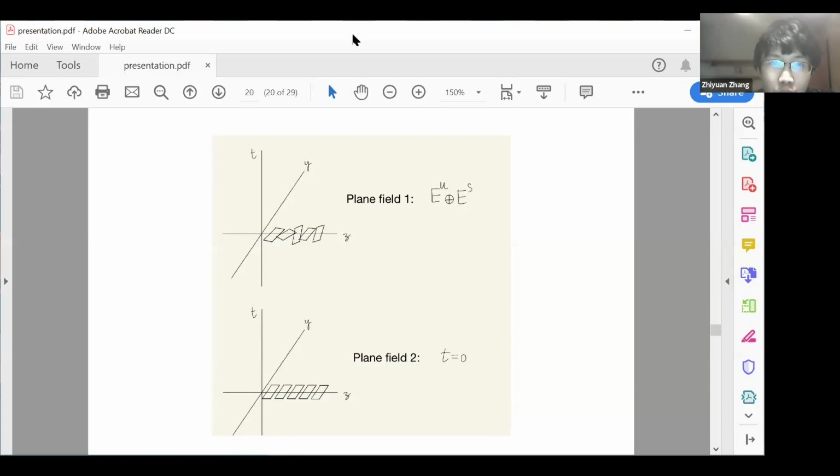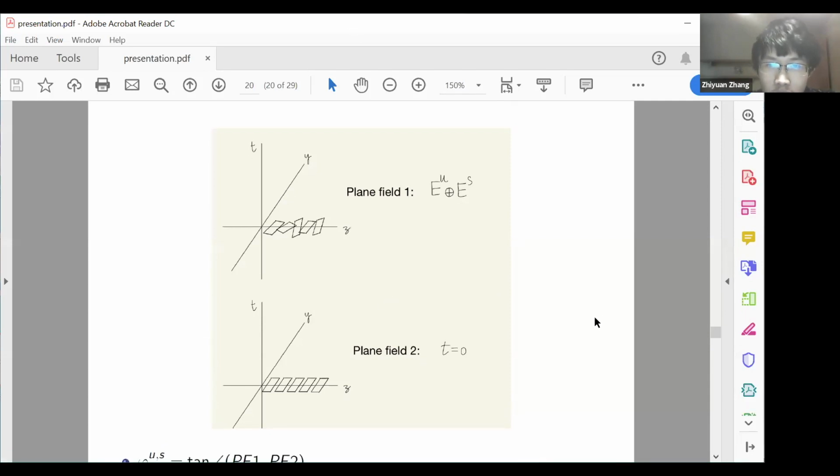Given this chart, there are two plane fields that are worth mentioning. One is the basically trivial plane field, t equal to 0. So I only consider plane fields on the zx. This is a smooth plane field because the chart is smooth. Everything is very smooth.